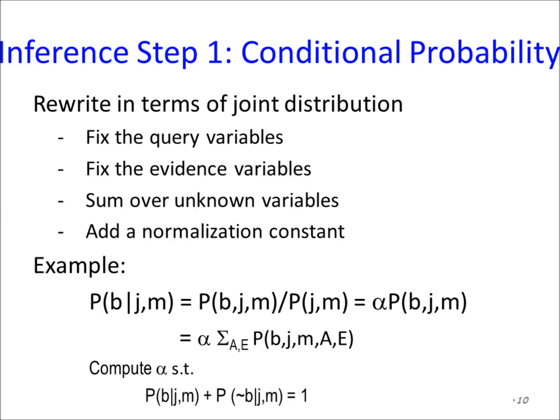Yes? There is a cost of computing P(B, J, M), but at the same time we will compute both of these, because typically whenever you ask for a query, say what is the probability of burglary given John and Mary called, you want to return the full distribution as opposed to just one value. Suppose you want to ask what is the probability of heart rate given the person has high fever and low blood pressure.